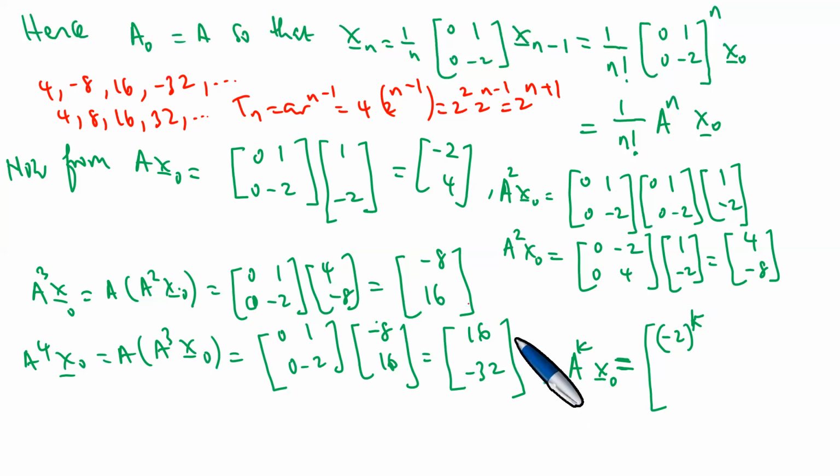But now we work out the signs. What are the signs? Right. So it's going to be 2 to the power n plus 1.